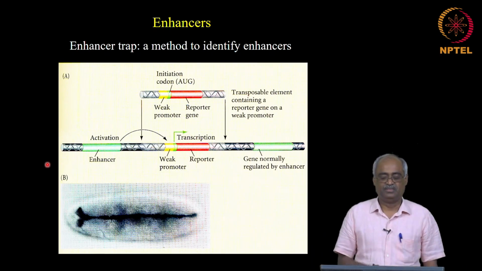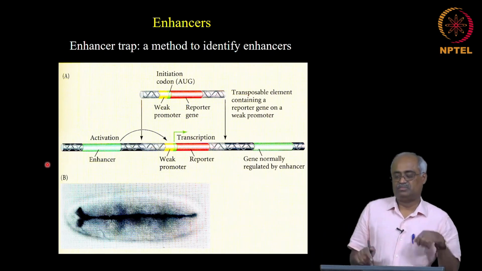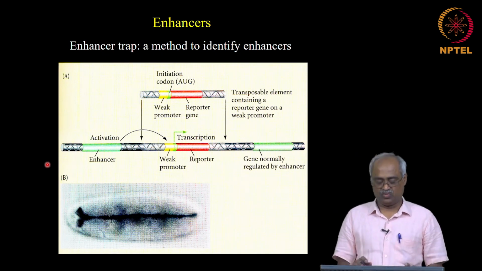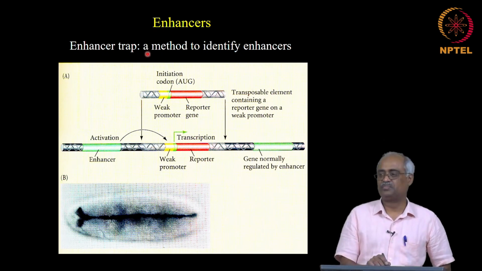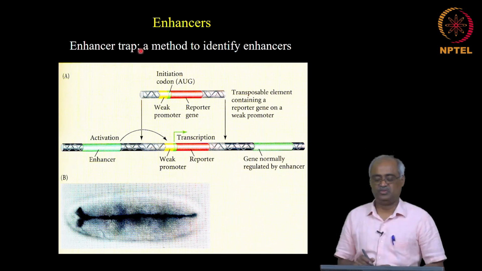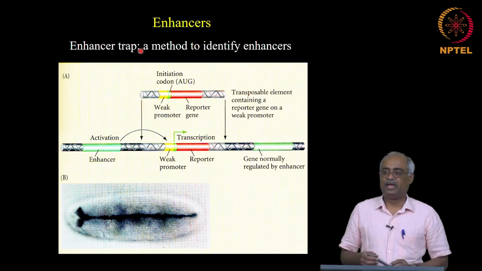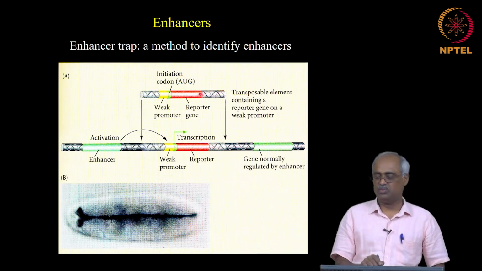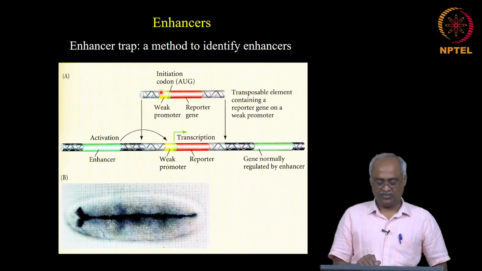Okay, there are many ways by which one identifies enhancers, and here is just one, easy to understand and very powerful, which historically had been very useful, called enhancer trap. So what you are actually doing is having a core promoter driving a reporter gene, all of it embedded in a transposable element.